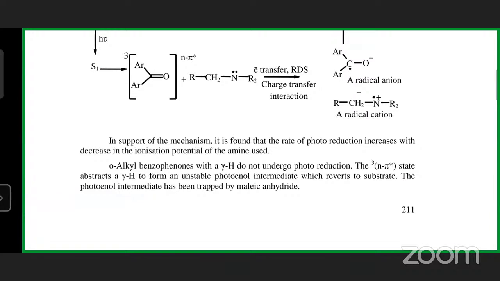These are the starting materials, and you take the respective hydrogen donor. It is better to take isopropyl alcohol, a good hydrogen donor here. Or benzopinacol is also one of the good hydrogen donors here.